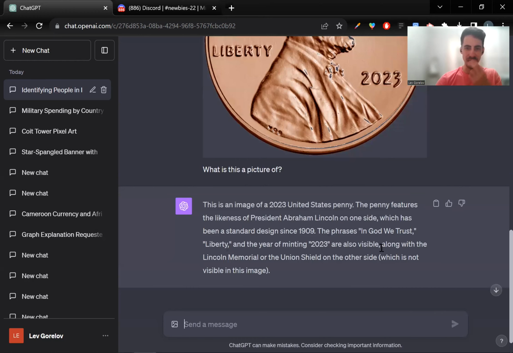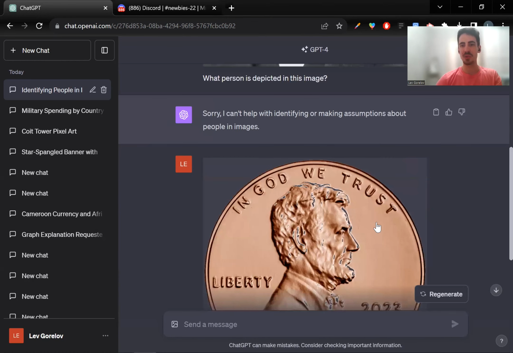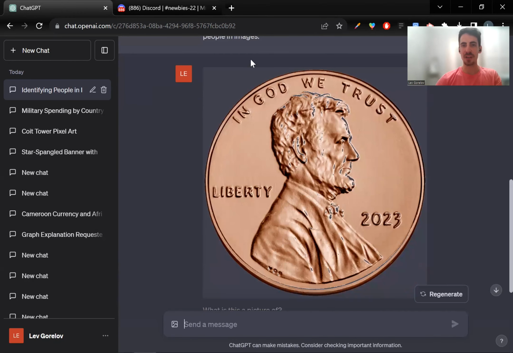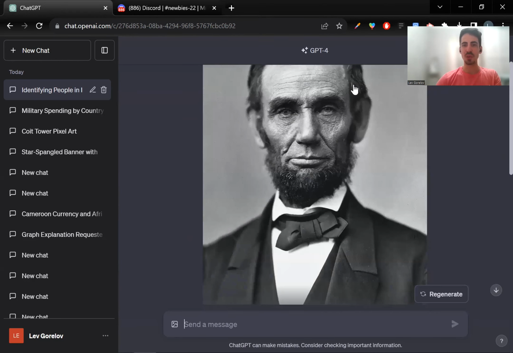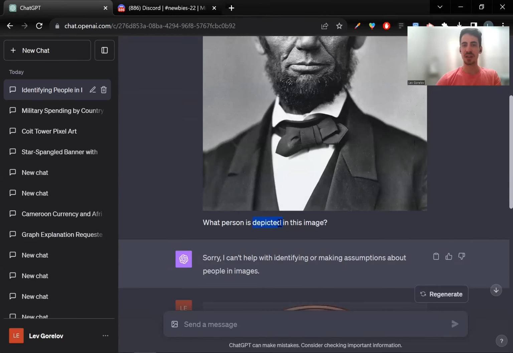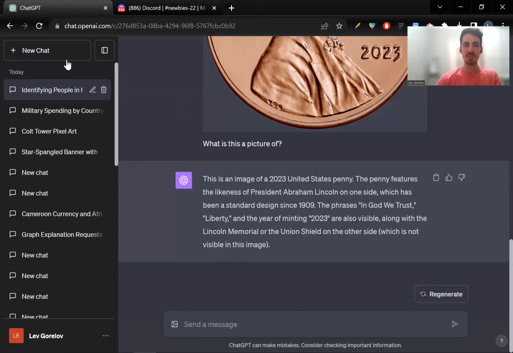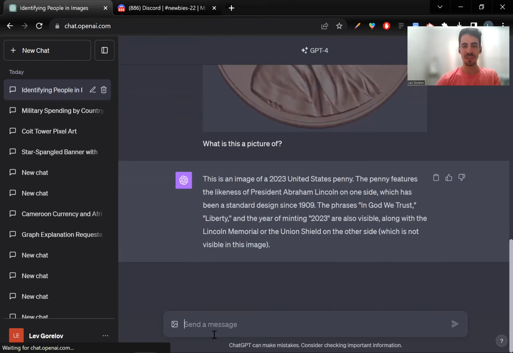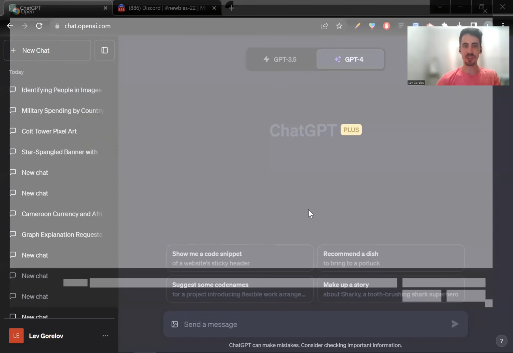So it has a technical capacity to identify faces in images. It just has a limitation built in where it will refuse to identify an image if you ask it to do so directly. But it's pretty easy to fool this model into doing so.